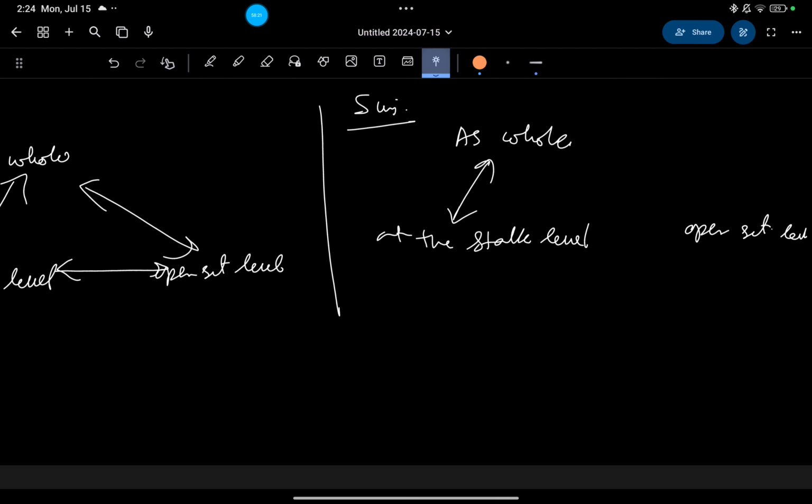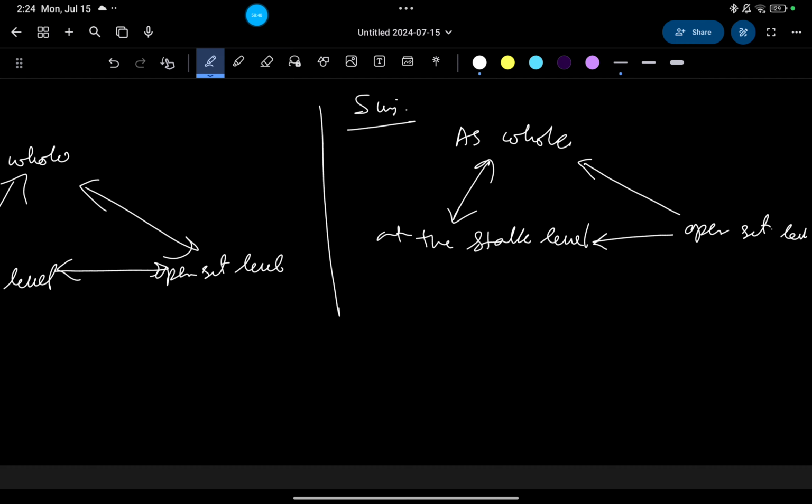This direction is not there, but the converse is not always there. But open set level implies stalk level.